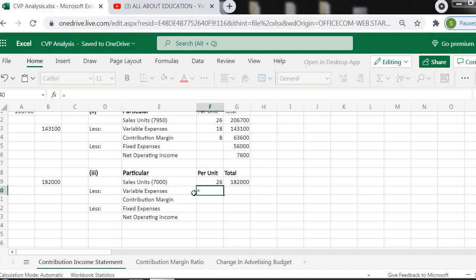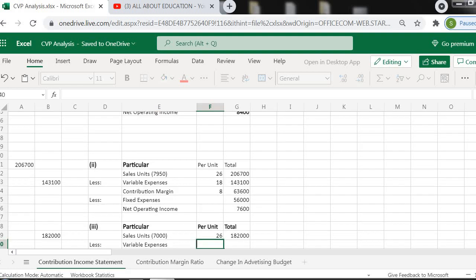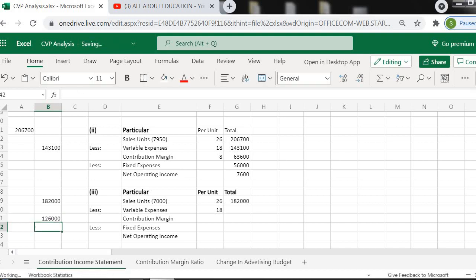Now we have to deduct variable expenses. Variable expenses per unit are 18. Now we will multiply 7,000 units by 18. So what we get? 1,26,000.